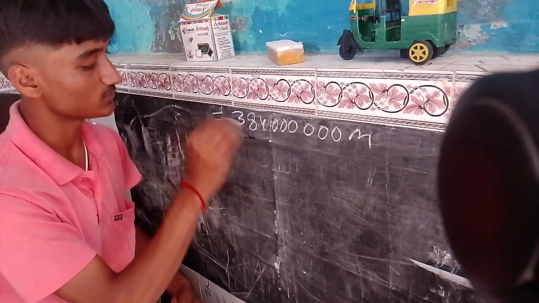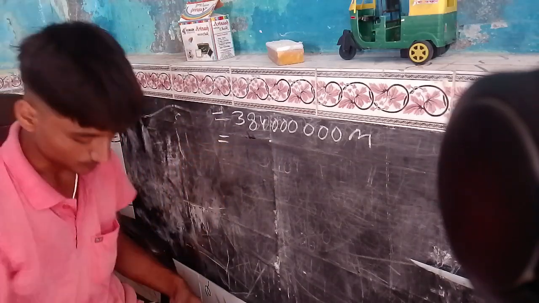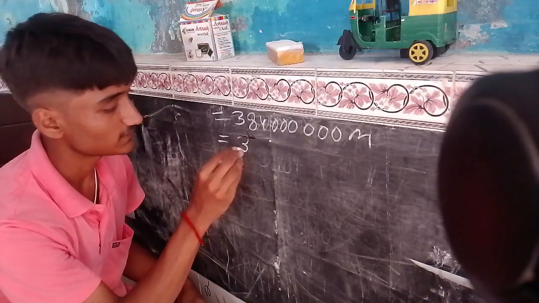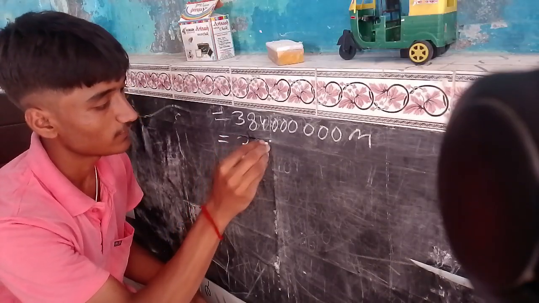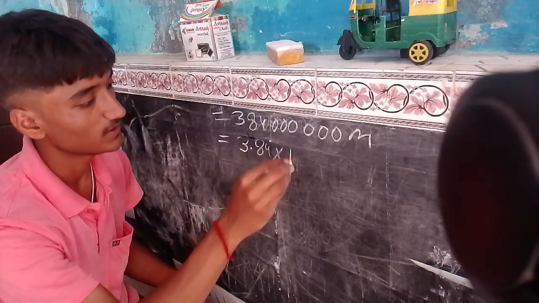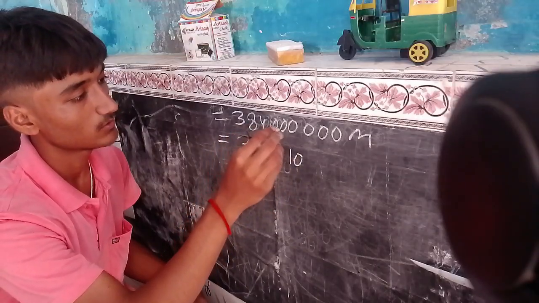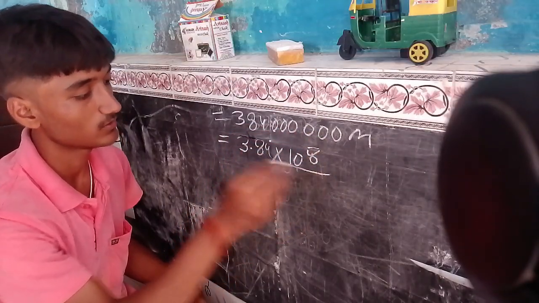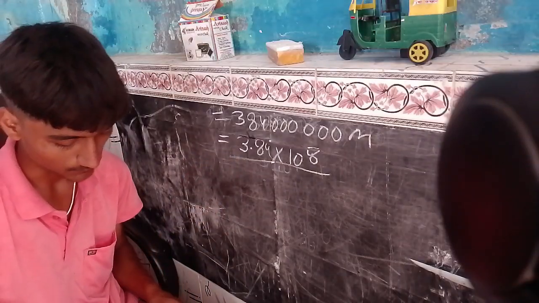So this is the distance between Earth and Moon, and we have to write it in standard form. So we can say 3.84 multiplied by 10 to power 8. This is in standard form.